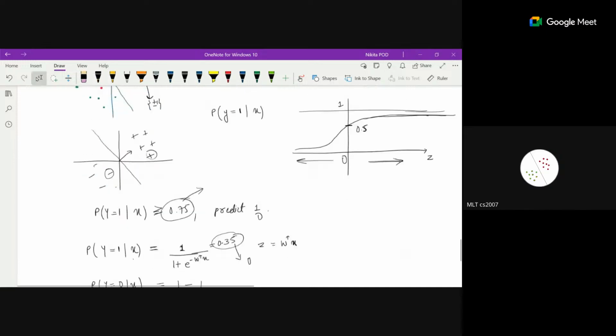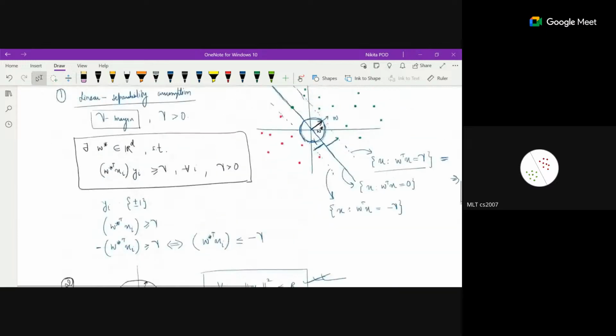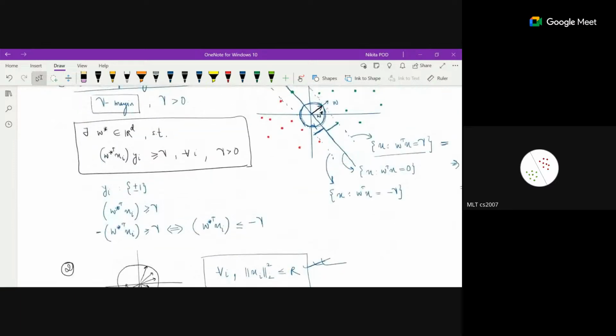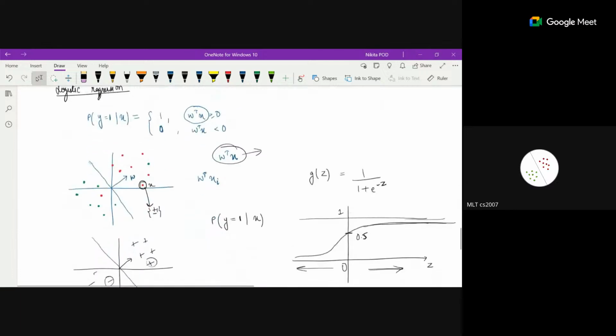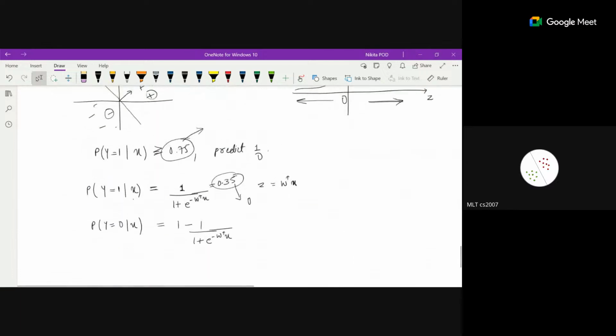Because there it was very restrictive, because when you're doing the update, you need to multiply your data point with yi. So if I write 0 there, it's going to cause a problem. But here it's just about the label. Here it is not making any difference because the probabilities I'm calculating are just of y given x. So that doesn't matter.